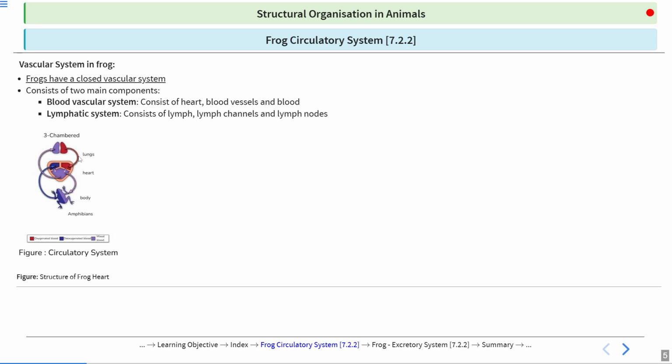So both types of circulation occur through the specific blood vessels, right? And in blood vessels, there are arteries, veins, and blood capillaries, right? So all things are there. So this is the closed type of circulatory system that we can see in the case of frog, an example of amphibian.